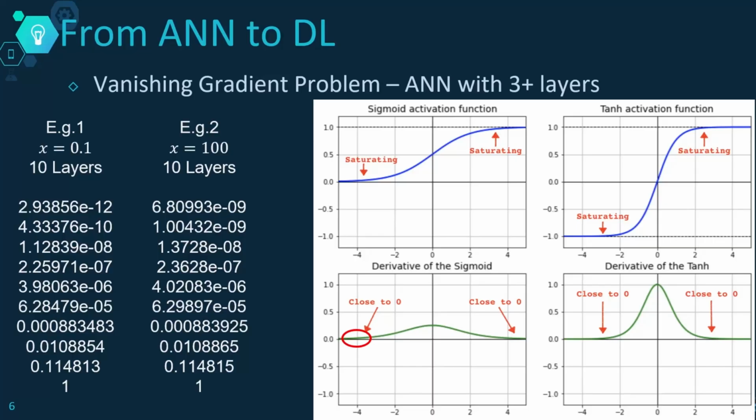Then next, let's take a look at the vanishing gradient problem. And this usually happens with ANN with 3+ layers. Previously, we got an issue because we used activation functions such as sigmoid and the hyperbolic tangent function. In the upper subplots, it shows the two functions. And in the lower subplots, it shows derivatives of those two functions.